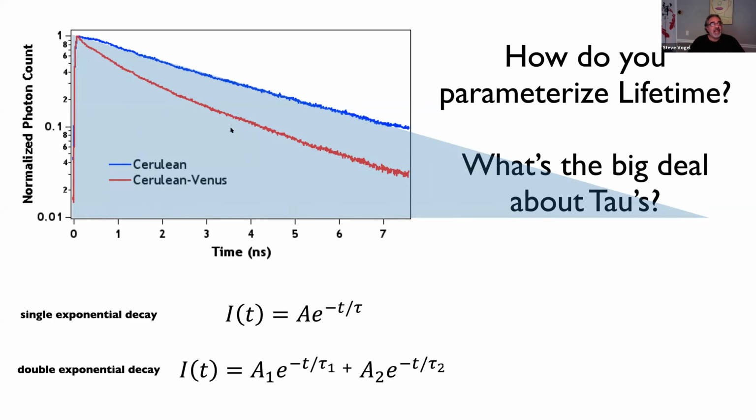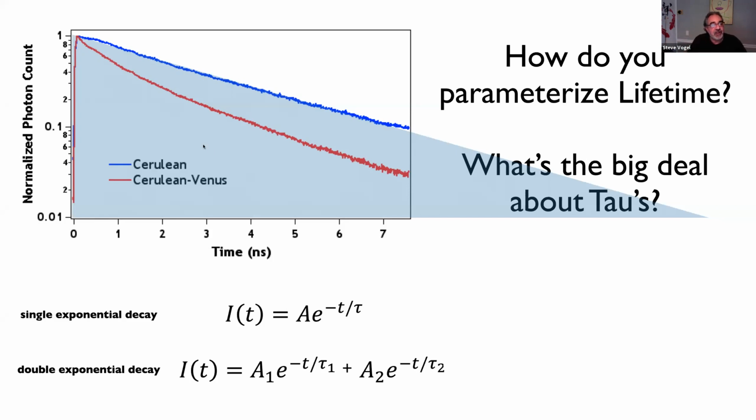Okay, so that again is a mathematical term. Does it really help you? Let's say as a biologist, okay, so the area under the curve, that's even more confusing mathematically. But again, let's look at this. This is normalized photon counts. This is time. So the area under this curve is essentially how many photons were given off. In this case, it's a normalized photon count, so it's relatively speaking.